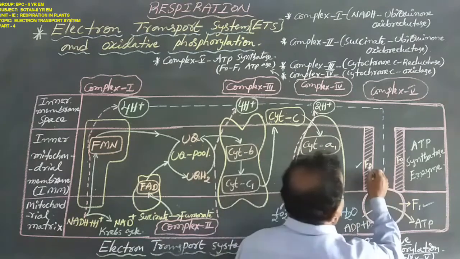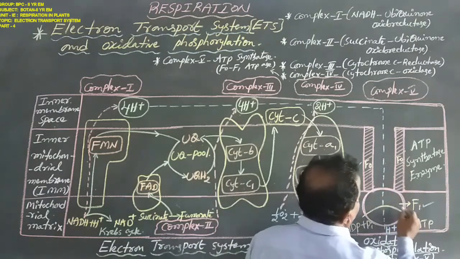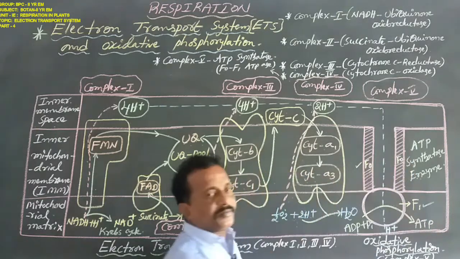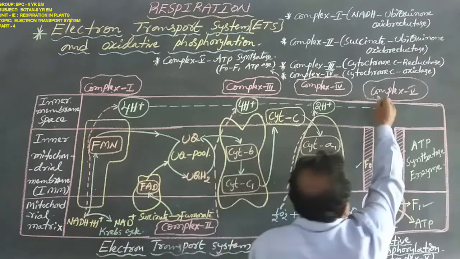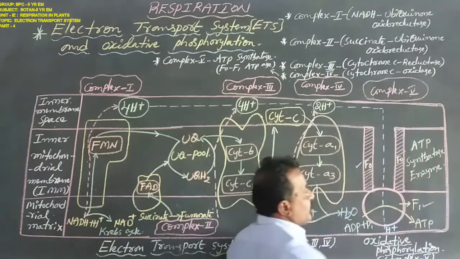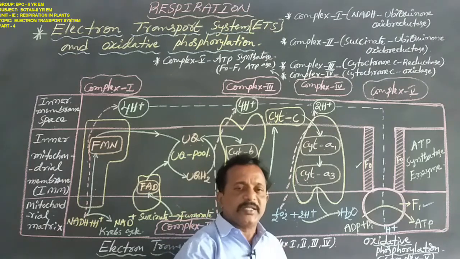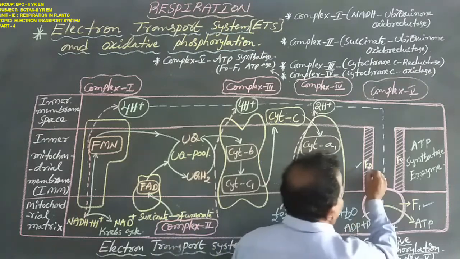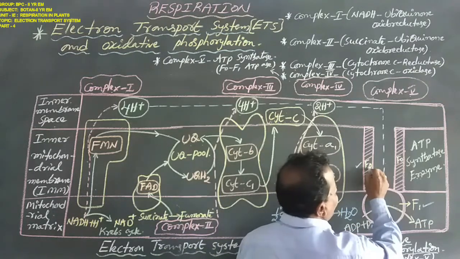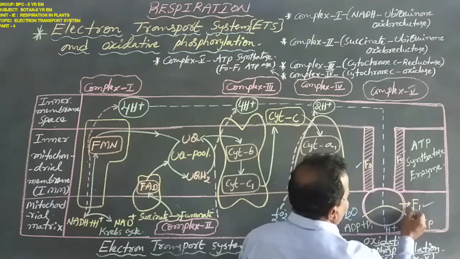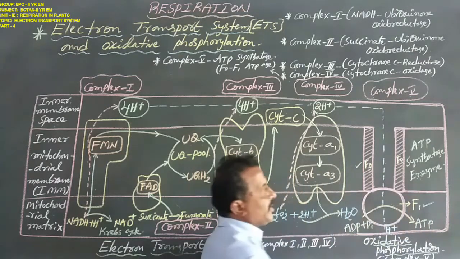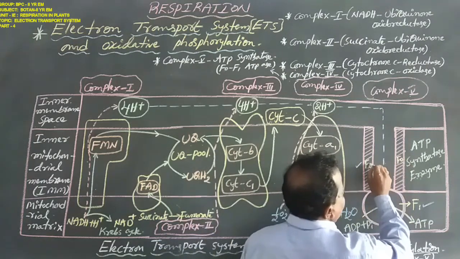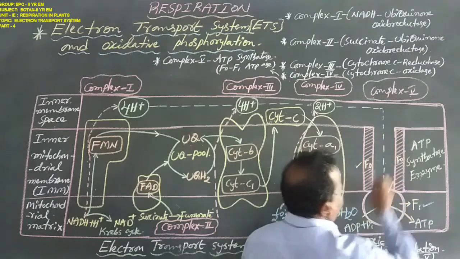F0 is the base piece, also called the tail piece or stalk piece, and F1 is the head piece. Now, F0 is always an integral membrane protein.